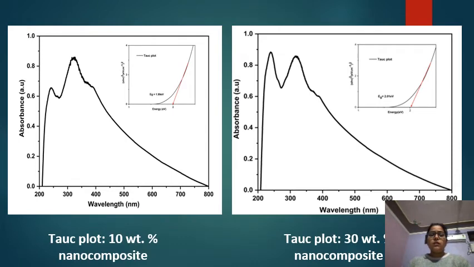The Tauc plots for nanocomposites are shown in these figures. The energy band gap for nanocomposite is reduced to 2.0 electron volt from 2.6 electron volt for graphitic carbon nitride. This reduction in energy band gap is justified by the TEM image of the nanocomposite due to the formation of heterojunction.